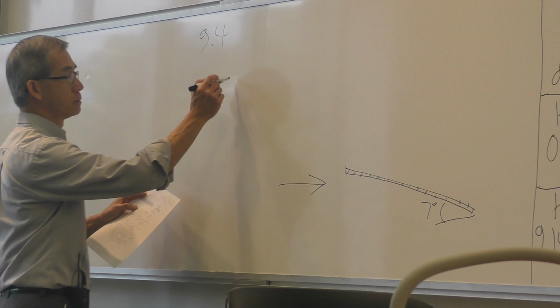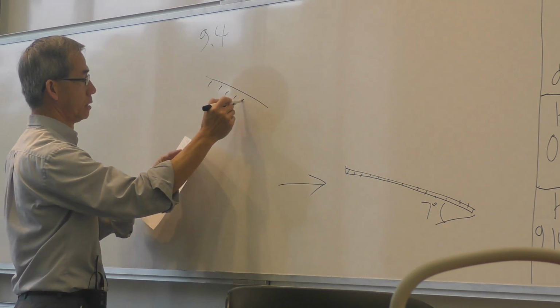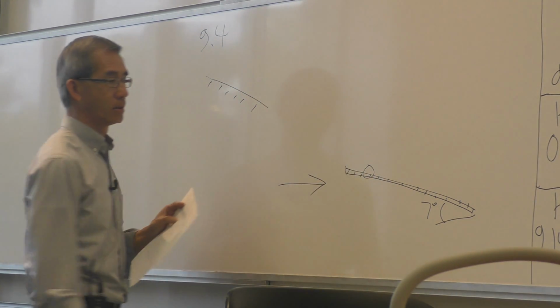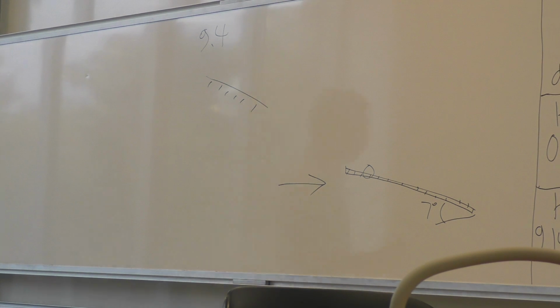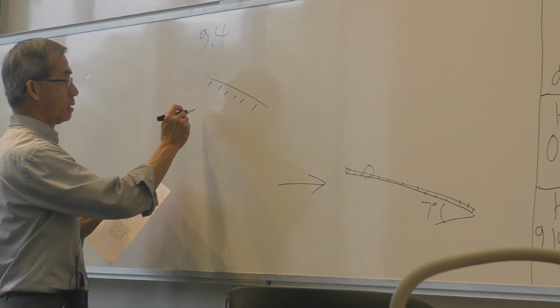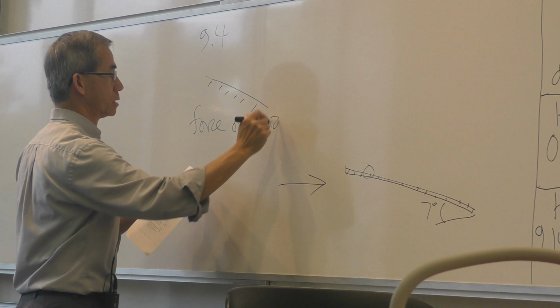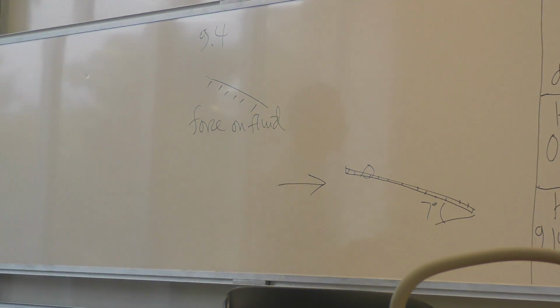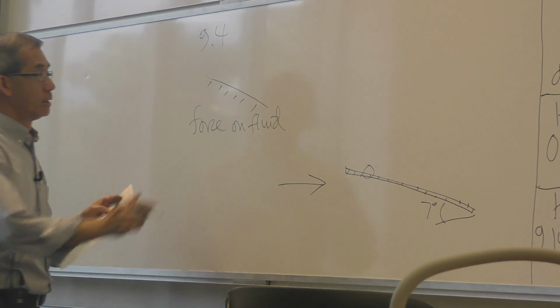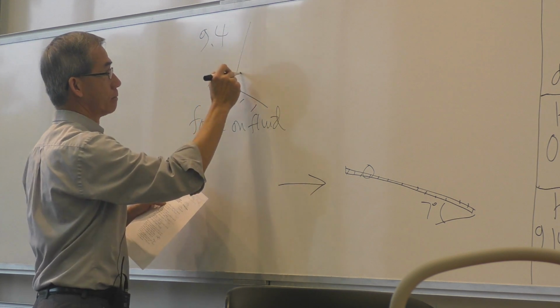So if I draw just a blow-up of the action and reaction of the forces on the fluid due to shear and no slip condition. Here's the boundary layer.